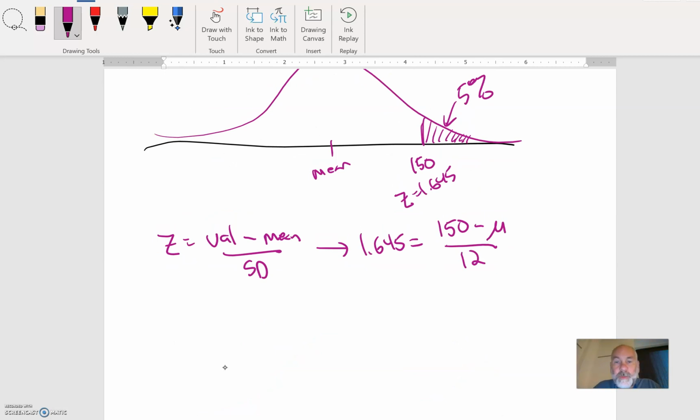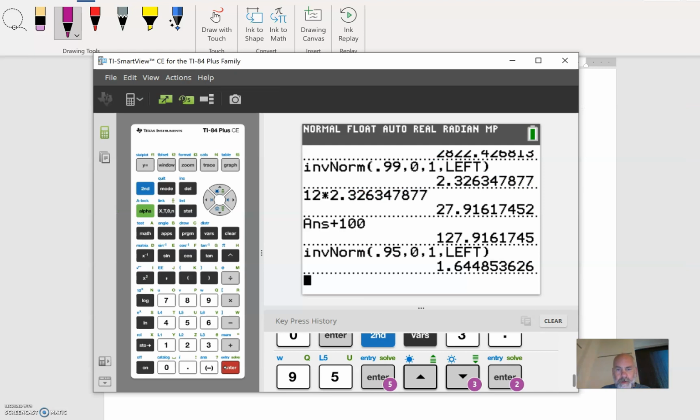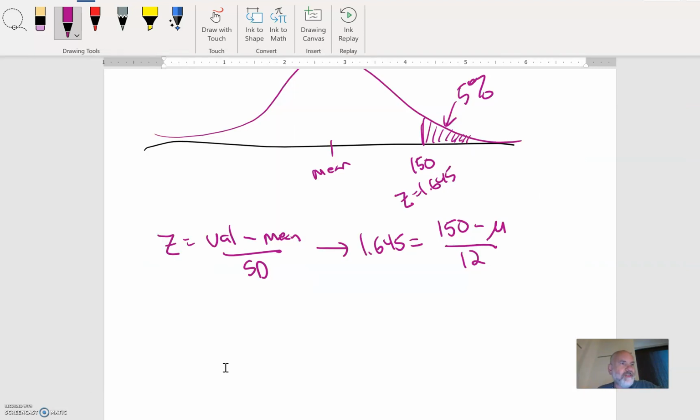Oh, this is just an algebra problem now. I could multiply both sides by 12. I'm going to stop scrolling because this is just algebra, so I'm just going to do this with mine here because it's a little easier. So I'm doing 12 times 1.645, and I get 19.74 equals 150 minus mu.